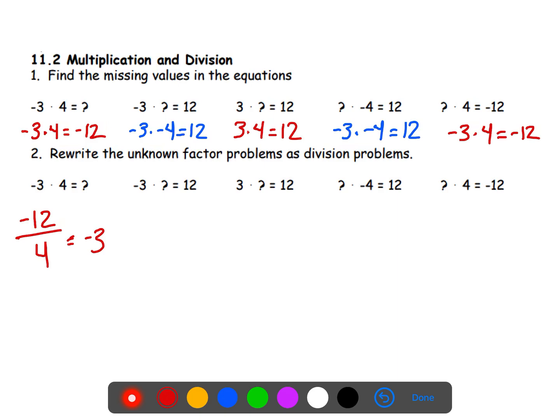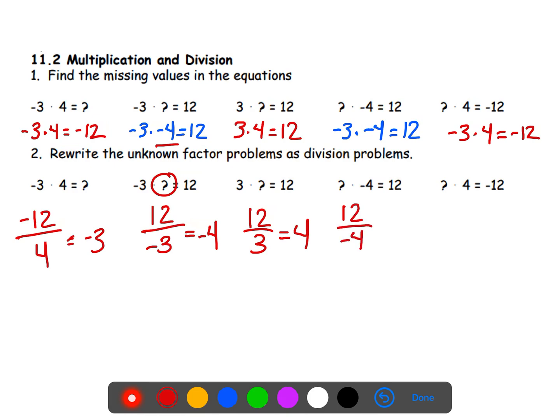If we continue that, 12 divided by negative 3 gives us our missing factor, which we found up here to be negative 4. Continuing, 12 divided by 3 equals 4. 12 divided by negative 4 is going to equal negative 3.